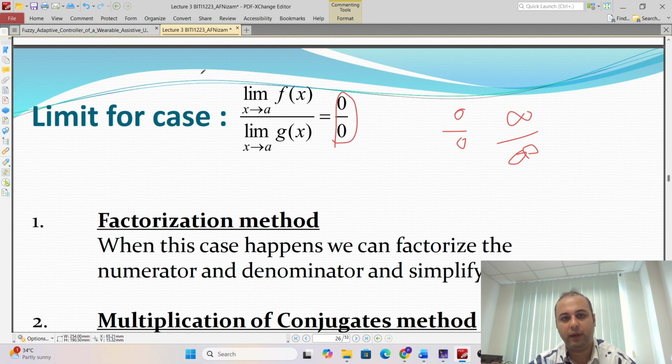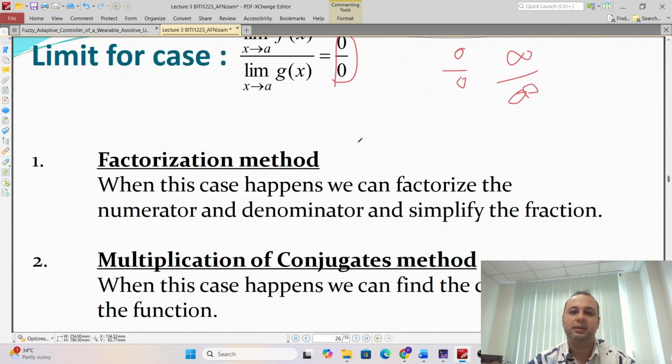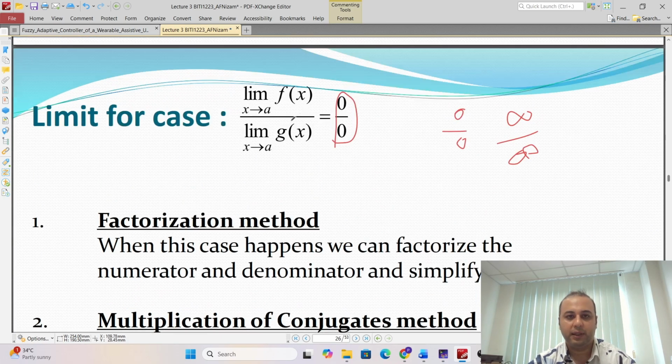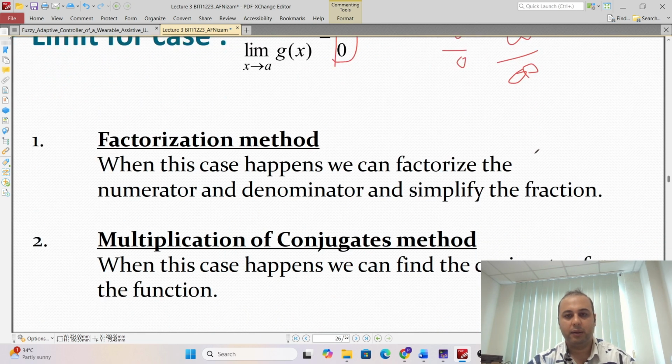So if we face something like this, we have to calculate the limit another way. If simply we substitute and it becomes 0 over 0 or infinity over infinity, we use these two methods to find the real answer.